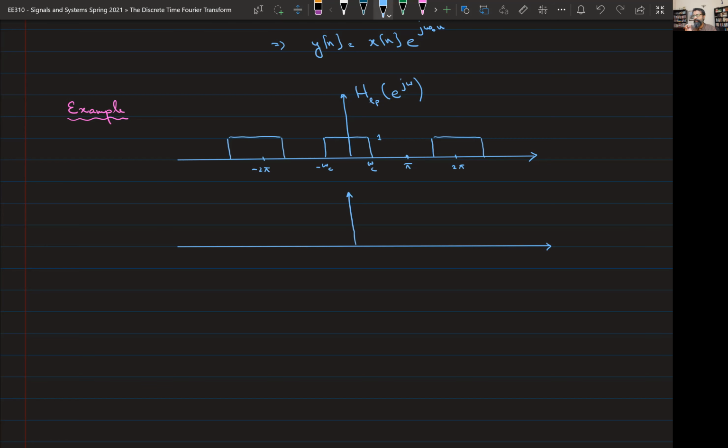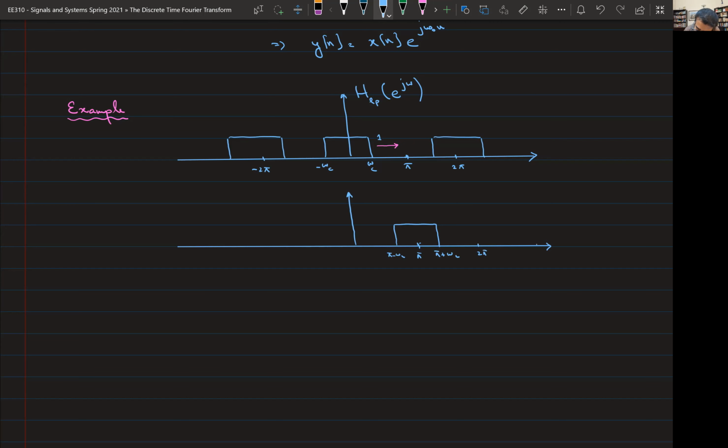But Umar, the shifting is not going to be pi in the time domain. The shifting is going to be pi radians in the frequency domain. So if this was pi, all I want is for everything to be shifted by pi radians, so that the resultant thing looks like this. This is pi plus omega c, and this is pi minus omega c, and at 0 there is nothing. And at 2 pi, there's nothing here.